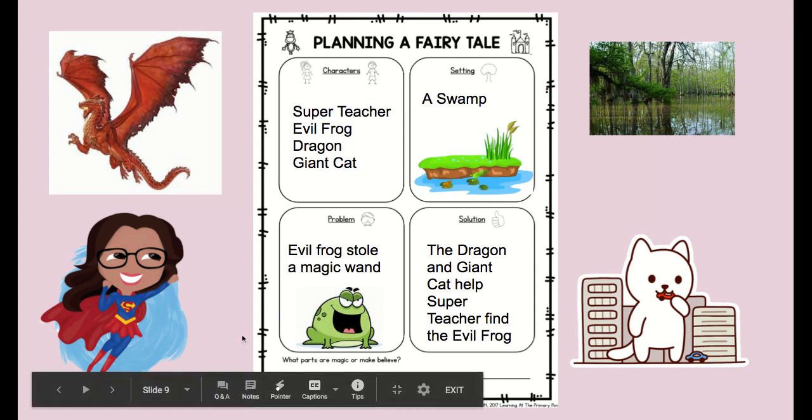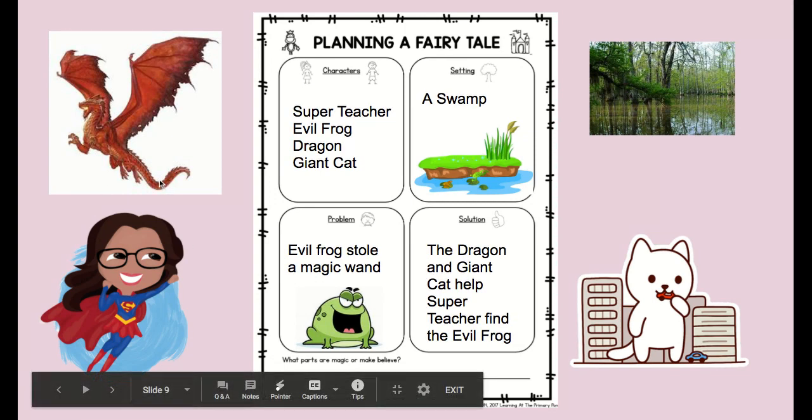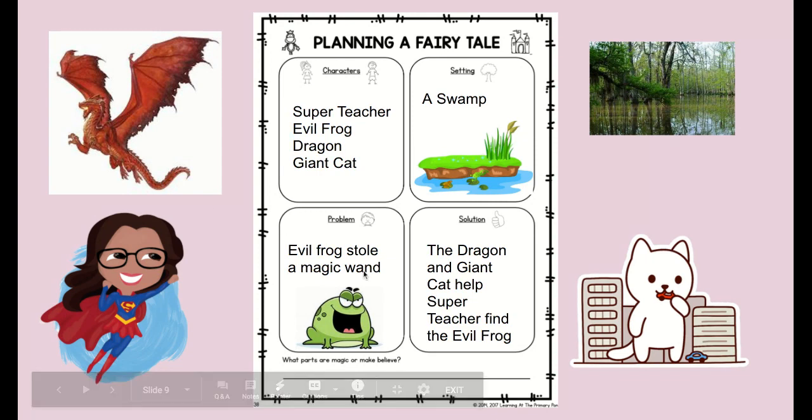And teachers can't fly. And dragons, they're also make believe. So these are the magic that I'm using, and they're also make believe. The only real thing that I'm using is the swamp. Swamps are actually real.